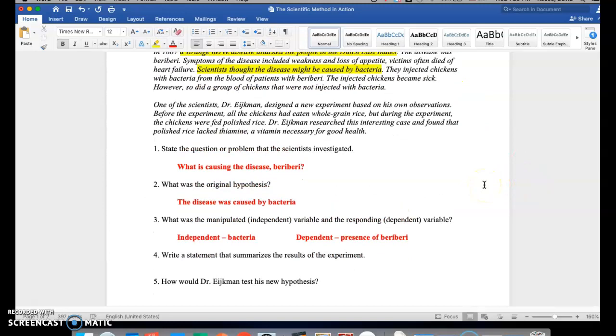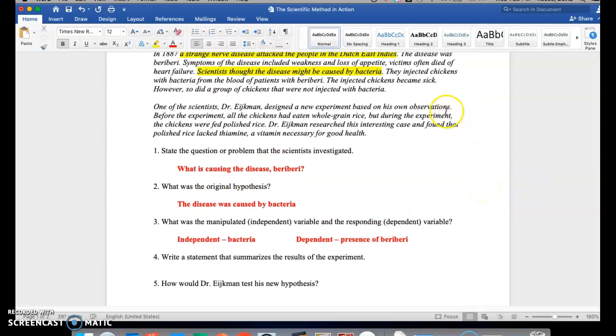Okay, so write a statement here that summarizes what's going on. Well, if we look up here again, it says the injected chickens became sick, but some of the others also became sick. So what were the results here? We can simply state that chickens in both groups became sick.